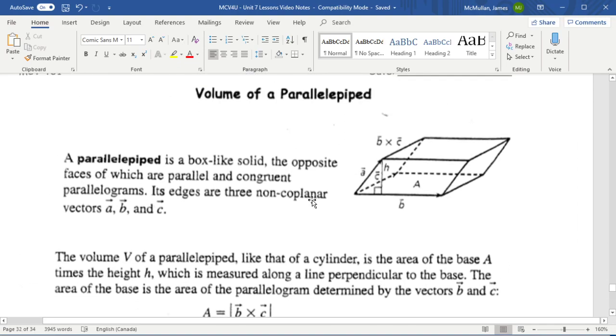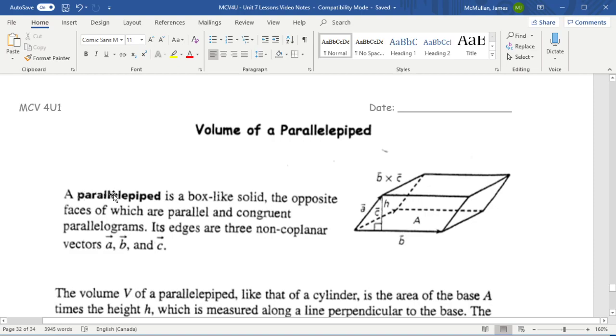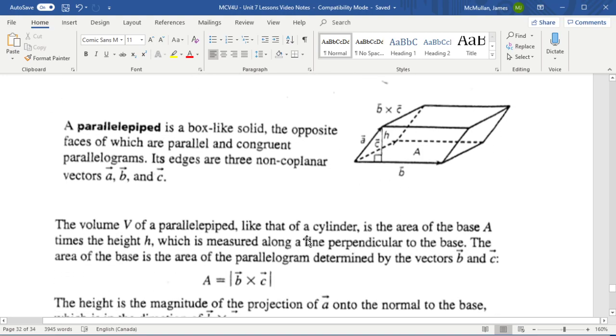Okay, final concept for today is what's called a parallelepiped, which is a three-dimensional parallelogram where you have three vectors originating and then every other vector is parallel to those three. So A is over here, A is over here, A is over here, then B, B, B, B, and then C, C, C, C. The volume of the parallelepiped is equal to the area of the parallelogram.